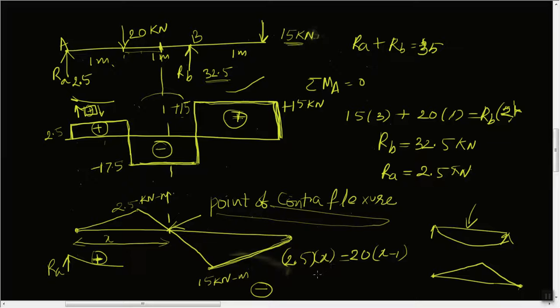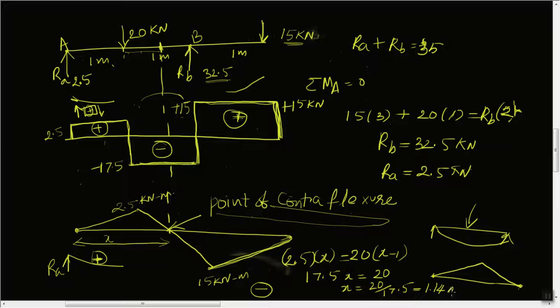If we solve this equation, we will get 17.5 into x is equal to 20, and x is equal to 20 by 17.5, which is 1.14 meters.